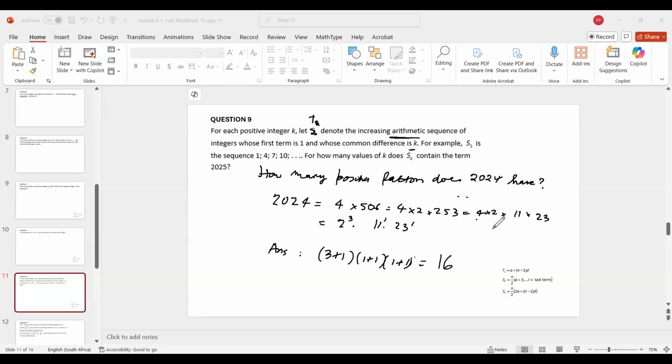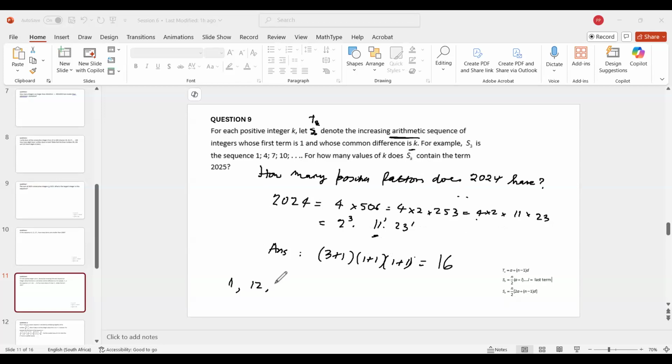So k is not equal to 16, please. It's how many k's have you got? You can write down all the factors of this number and you will see that there are 16 of them. One of the factors is, for instance, 11. If k equals 11, then the first term is 1 and the common difference is 11.